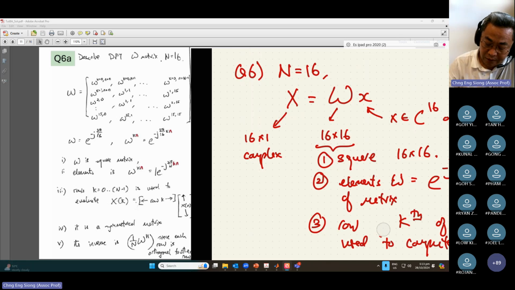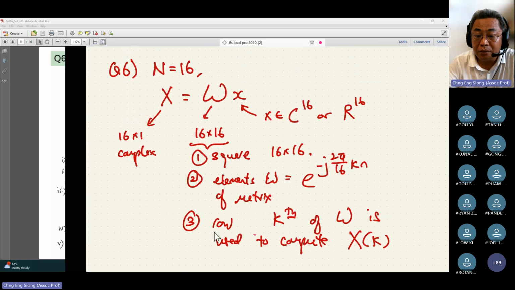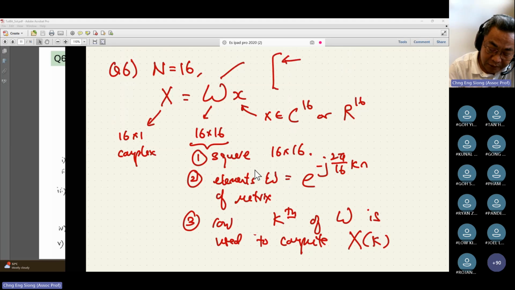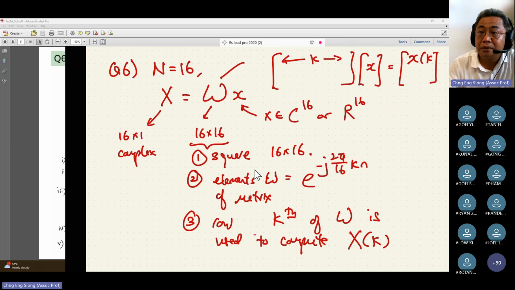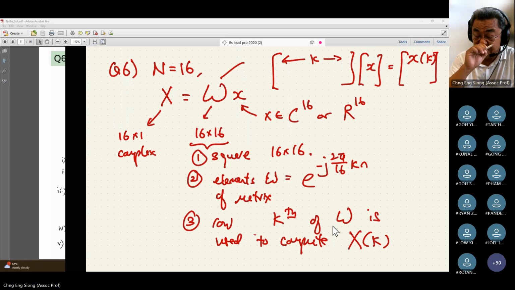Row k of W. I'm using row k of W. See, you look at the matrix here, and you see that this is the k-th row. We are multiplying by the small x to give you the X_k element. So the X_k element is the inner product of row k with x. That's why the row is interesting. We are viewing row k of W to see what it is.